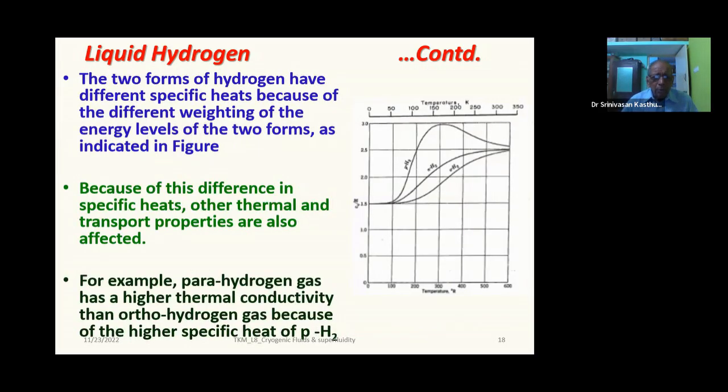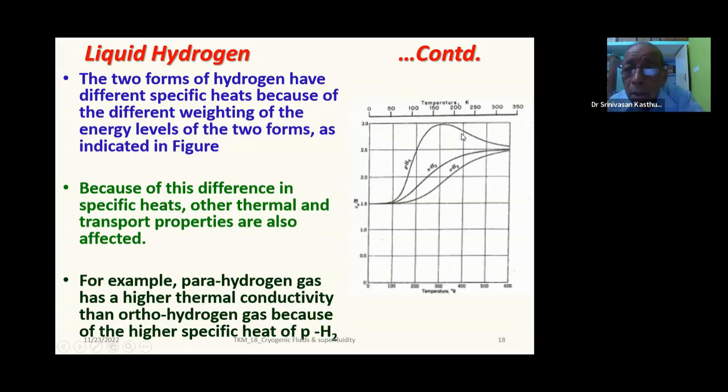Okay. The 2 forms of hydrogen have different specific heats because of their different weighting of the energy levels in the 2 forms. This is shown in the figure. The specific heat is plotted as a function of temperature, and temperature is expressed in terms of R. I think you have an upper curve which is parahydrogen, and the normal hydrogen and the equilibrium hydrogen are also shown here.